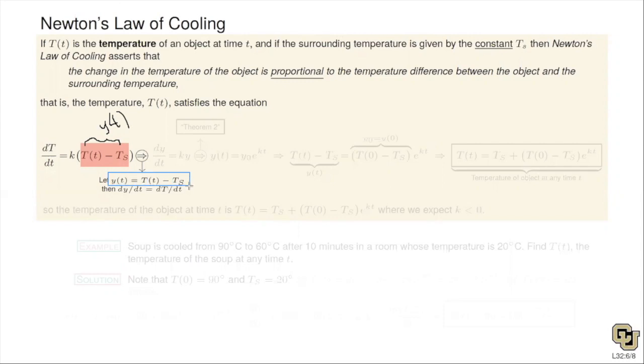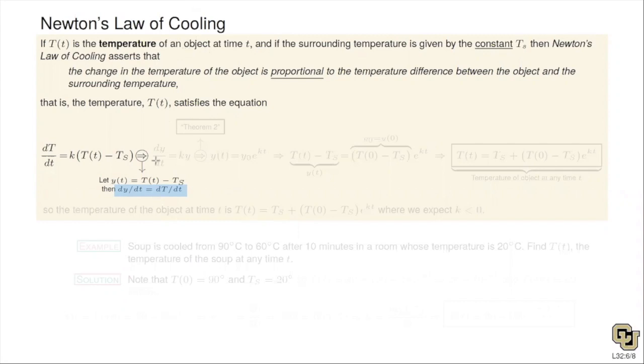And now let's take a derivative of both sides. Because T sub s is a constant, the derivative will just be the derivative of the temperature. If y equals the function T minus the constant T sub s, then dy dt will just equal the derivative of the function T, and the derivative of the T sub s part is just 0.